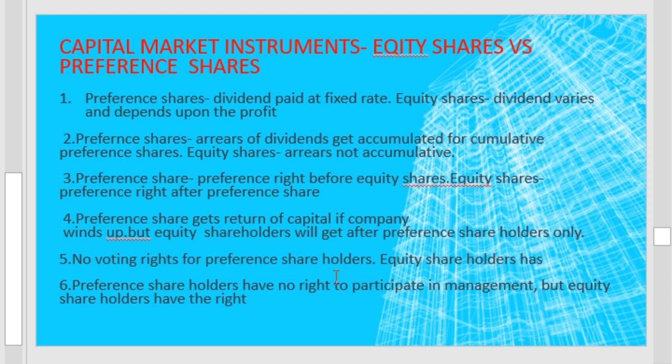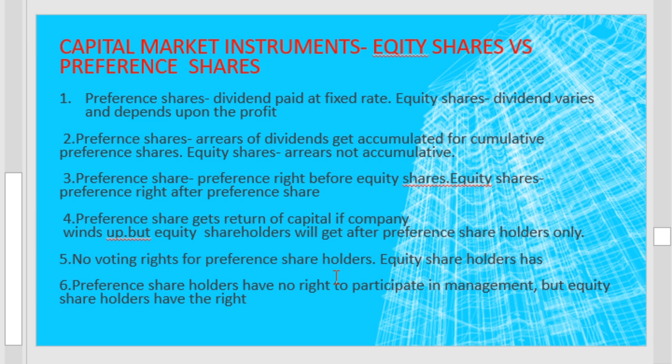The third difference is with respect to preferential rights. Preference shareholders have the preferential right of getting dividends prior to the equity shareholders; equity shareholders will get dividends only after the payment to the preference shareholders.